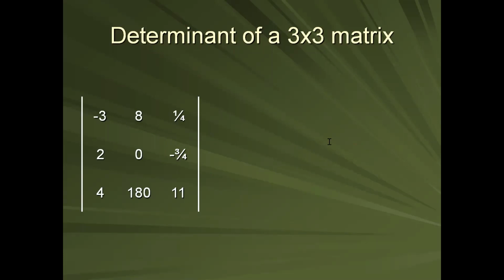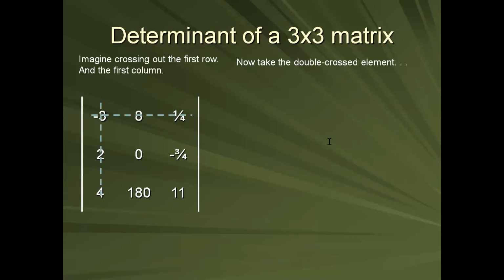So in this case of determinant of a 3 by 3 matrix, take the first element 3, and with that you will remove that first row and first column.